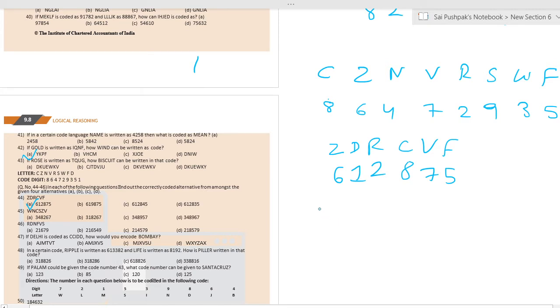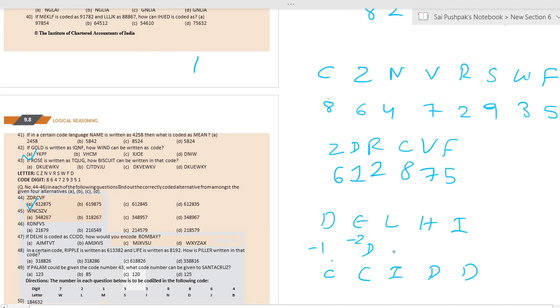This is slightly complicated. DELHI, Delhi, is coded as C, C, I, D, D. Okay. So guys, how does D become C? Do -1 here. How does E become C? You have to do -2, because there is one letter, D, in between. Okay. How does L become I?